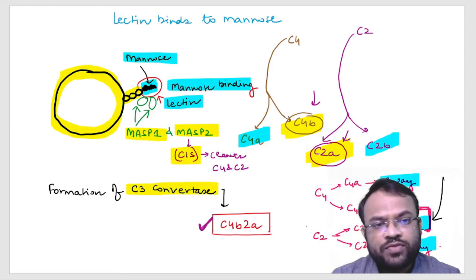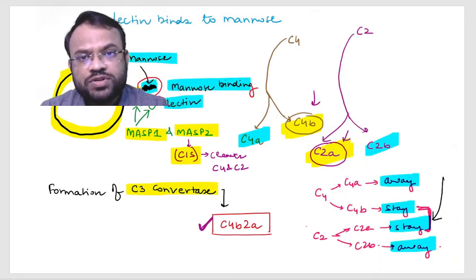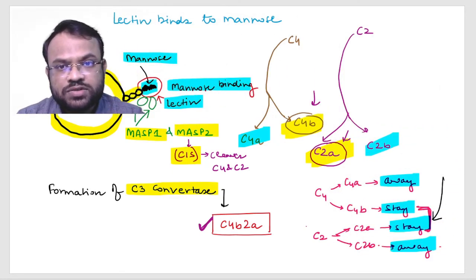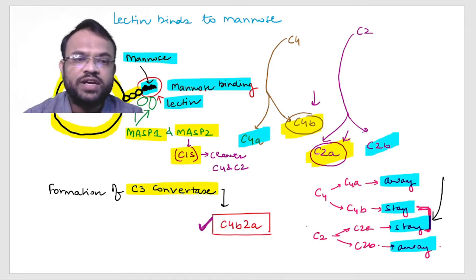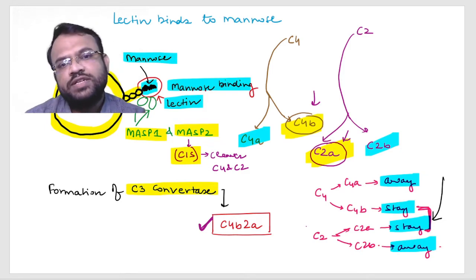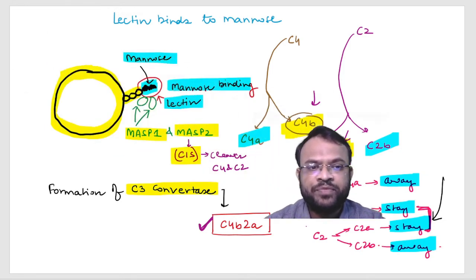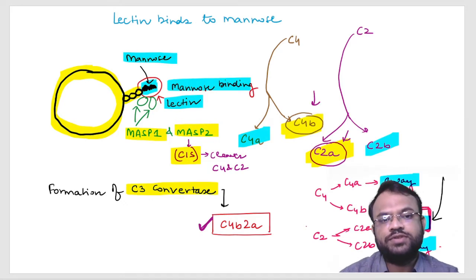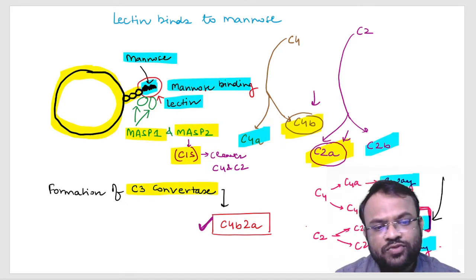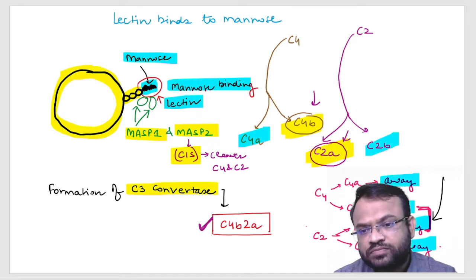If you could not see because of my video, now you can see that I have written C4 getting converted into C4a and C4b, C2 getting converted into C2a and C2b. Let me come back to my original position like this. Now let us move back to our discussion.